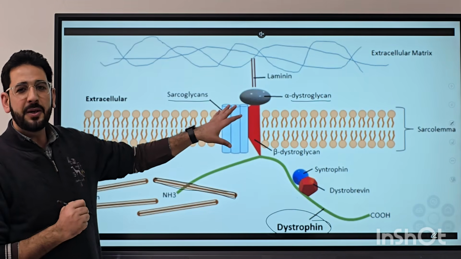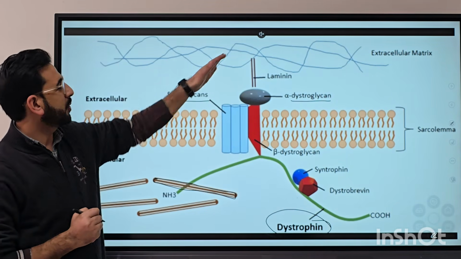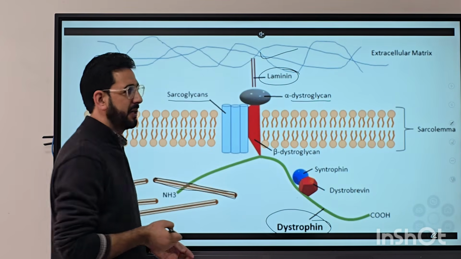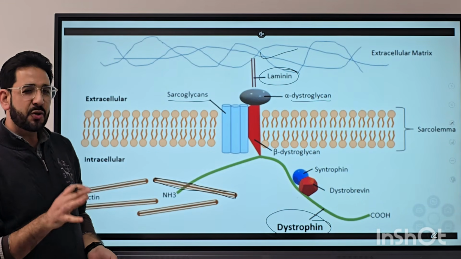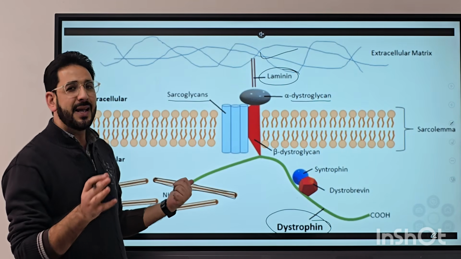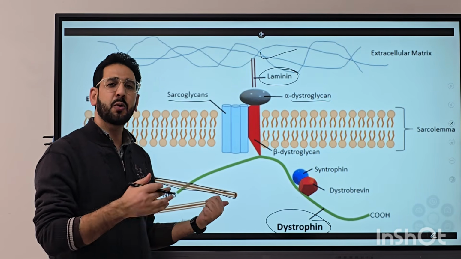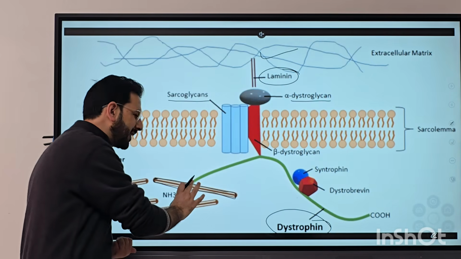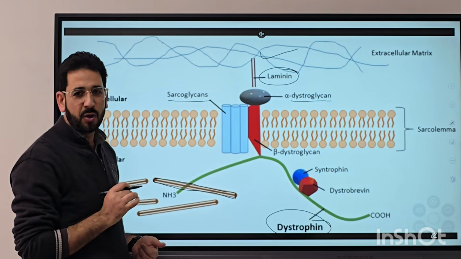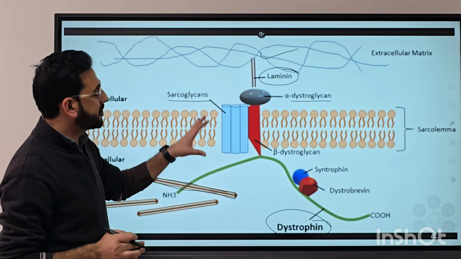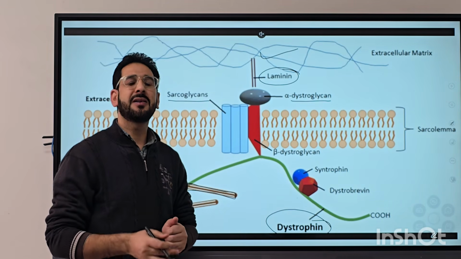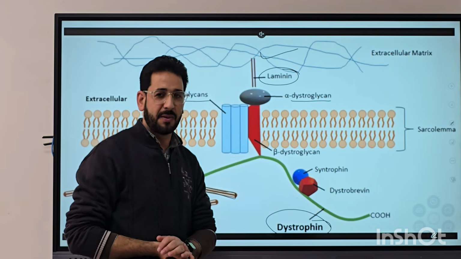Now these membrane proteins are connected with the extracellular matrix through another protein that is called as laminin. Okay, so this dystrophin helps to connect the cytoskeleton of the muscle fiber with the extracellular matrix. Now, during the contraction, it maintains the structural integrity of the muscle fiber.